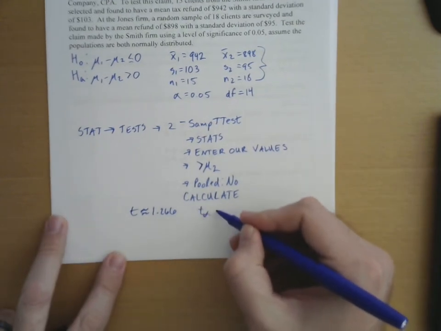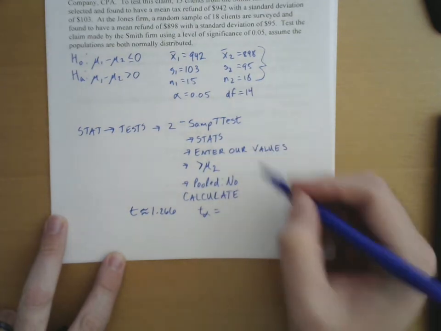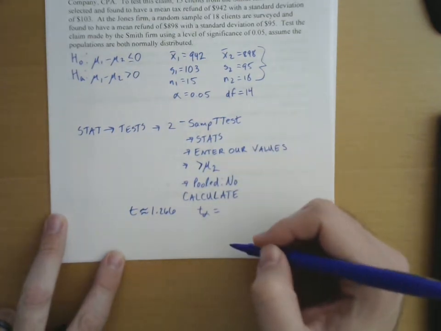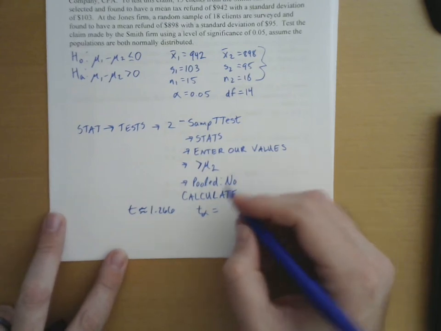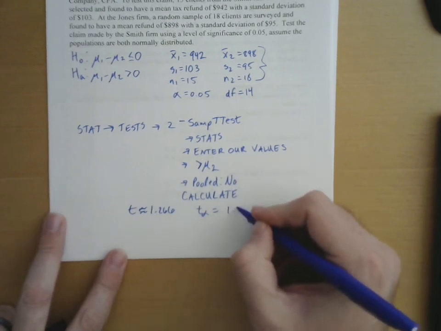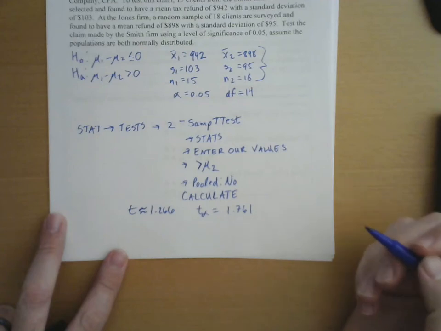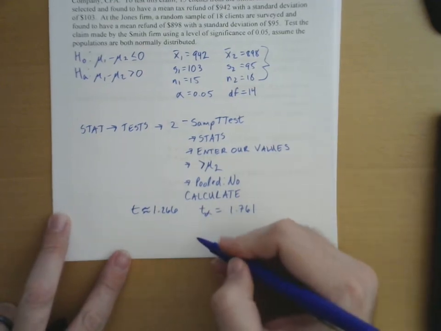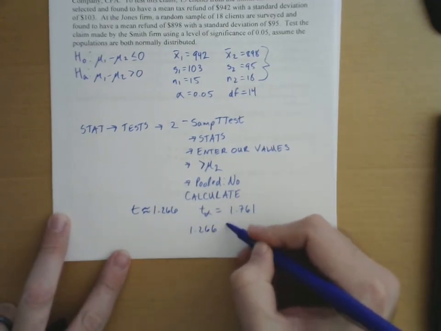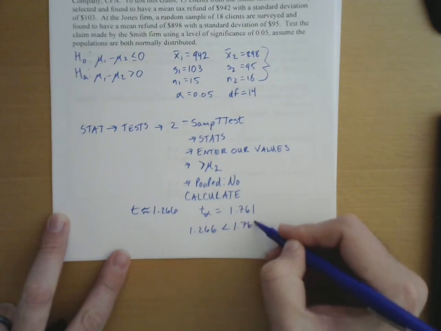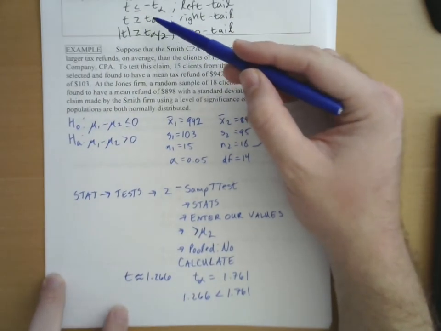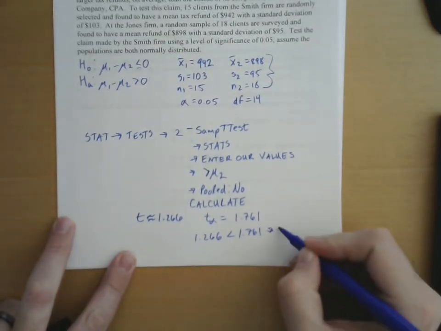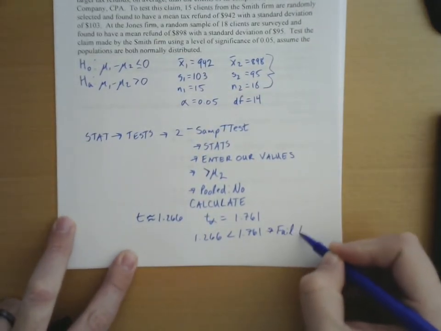T sub alpha, this is where we use our degrees of freedom, and you can do that using the inverse t or looking up in the t tables, but we get 1.761 for our t sub alpha, and 1.266 is less than 1.761. So looking at our rejection regions, we are not greater than or equal to t sub alpha, so we're going to fail to reject our null hypothesis.